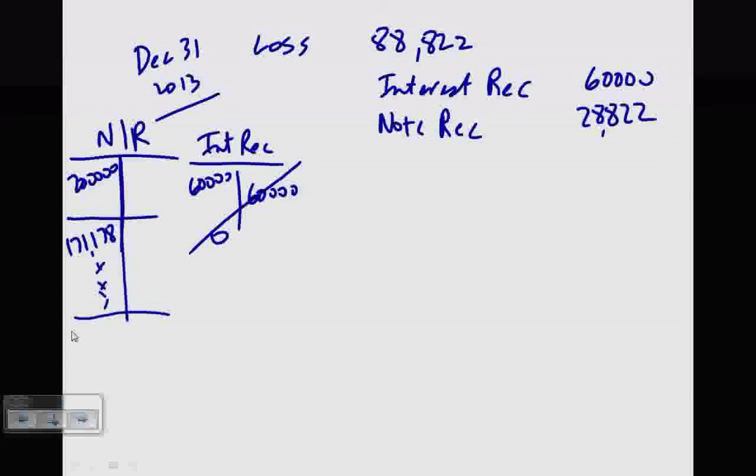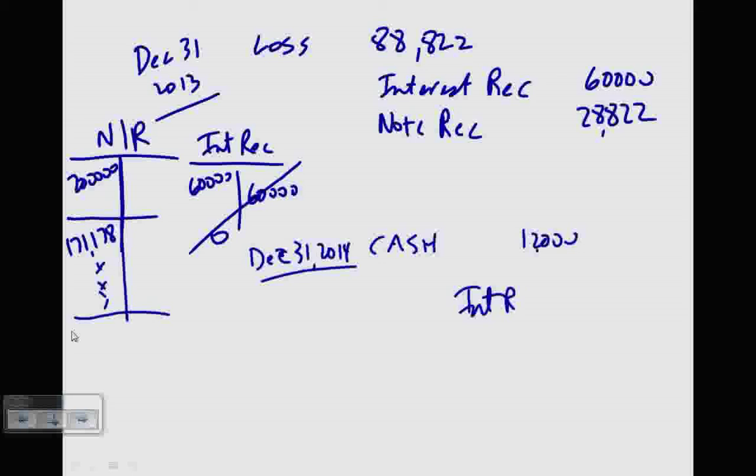And so my journal entry on December 31st, 2014, when I received my first interest payment, I'm going to get cash of $12,000. My interest revenue, though, remember, is always the effective rate times the carrying value. The effective rate is still 12%.